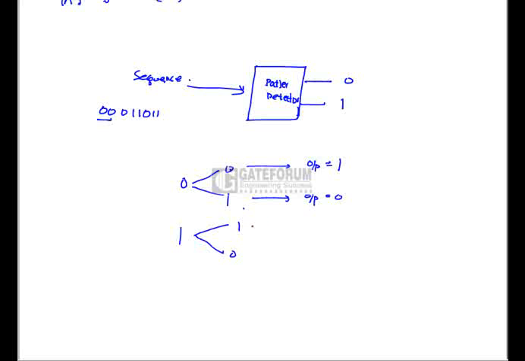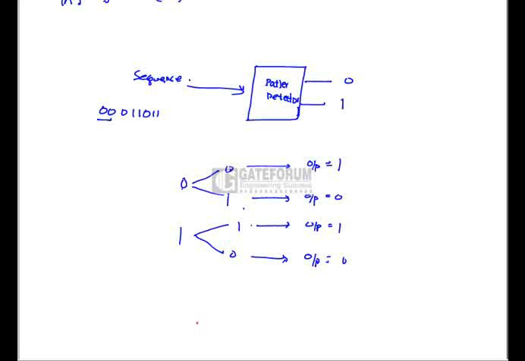If it is 1, the output has to be 1. If it is 0, the output must be 0. So how many possible combinations are there? Either 0 0, 0 1, 1 1, or 1 0 are possible. That means we can implement it with 4 states.